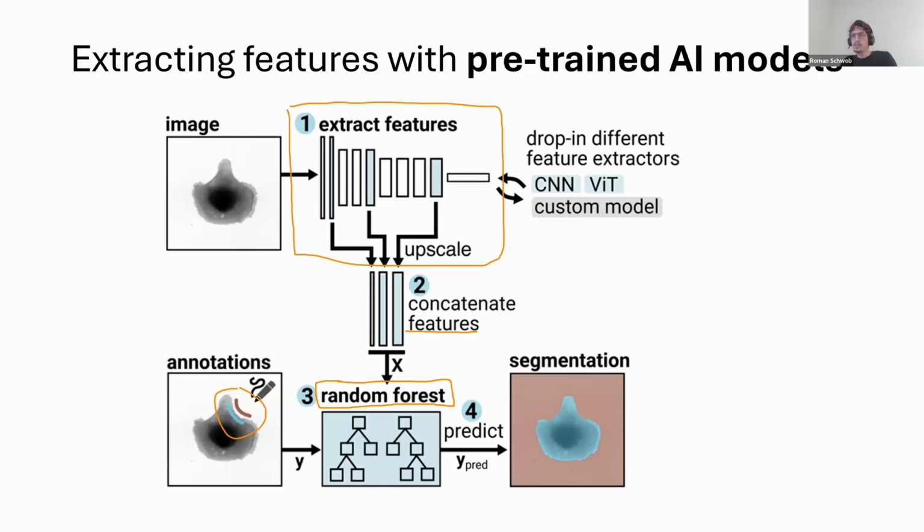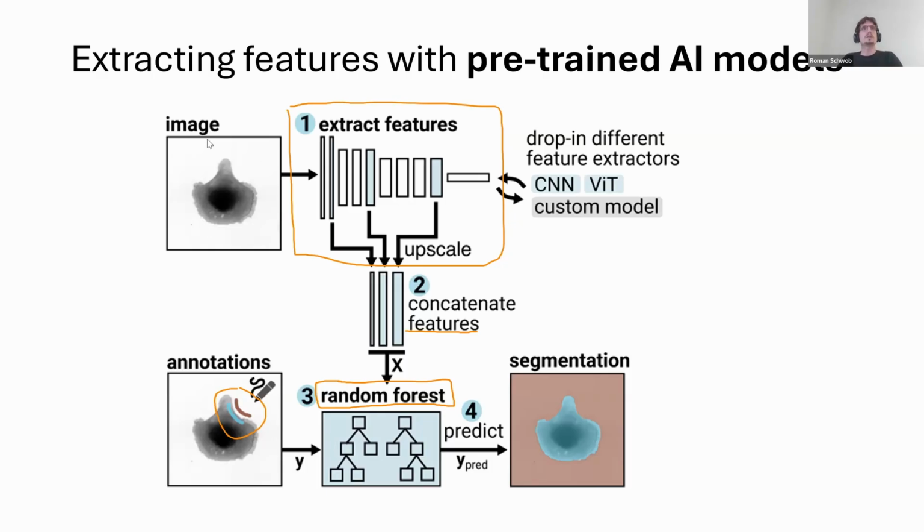Yes, so I just saw that there was this question about comparison to pixel classification from Elastic. This is a very valid question because there are very obviously similarities. Basically this architecture that you can see right now is very similar.